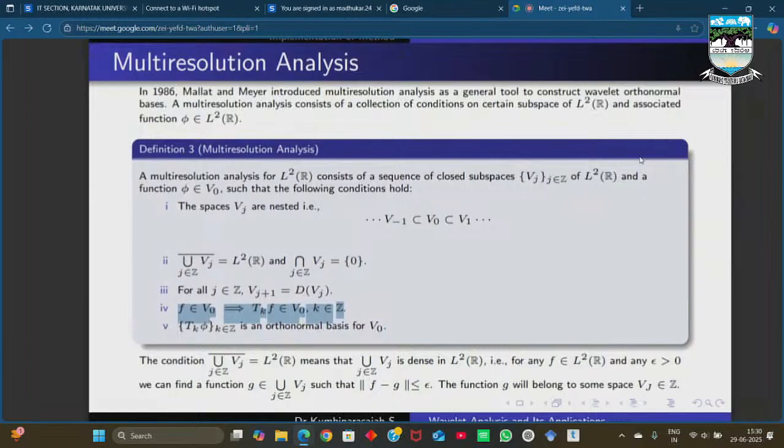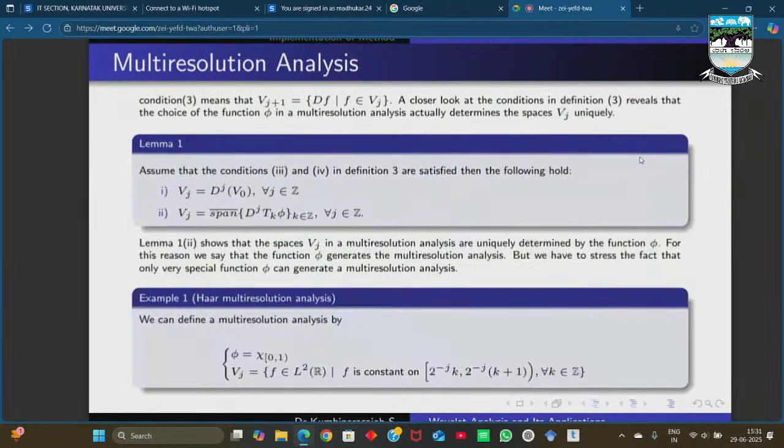Then if I know the orthonormal basis for V1, I can extend to V2, and so on. Therefore, for the entire sequence of closed subspaces we have chosen from the Hilbert space, we can generate the respective orthonormal basis for each and every subspace. This is the definition of multi-resolution analysis. That means this is how I can create the orthonormal basis.